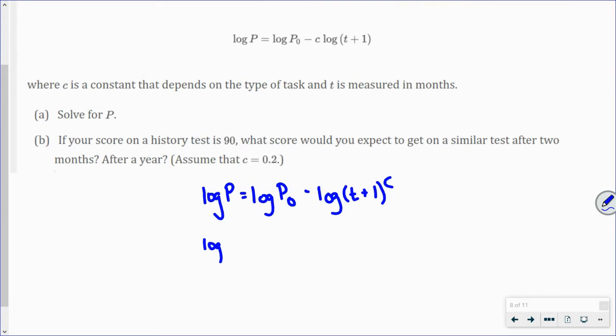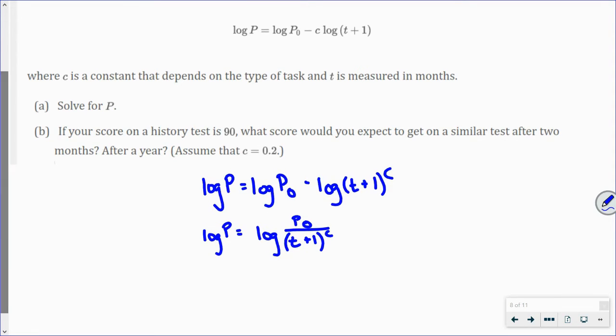So I have log of P equals log of P naught over T plus 1 to the C. And again, we don't need this C to be negative because that subtraction was already there.